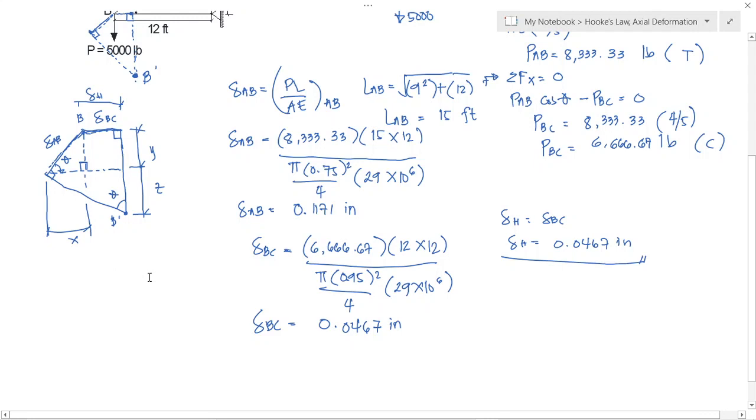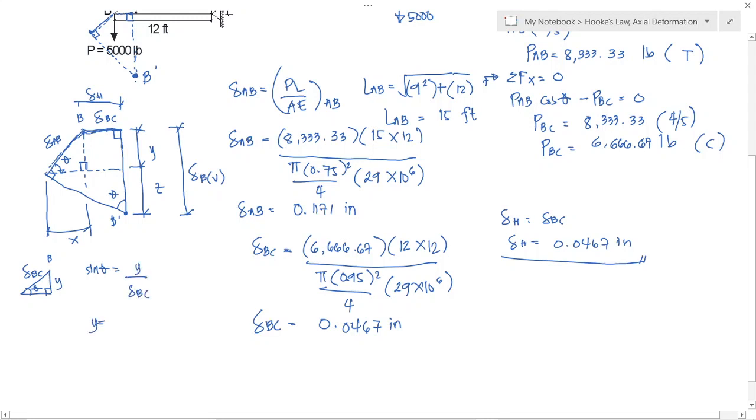Okay, so to determine the value of y and z, kasi this one is the total displacement of B, vertical, no? So vertical movement ng B from B to B prime. So solve for y, considering triangle, this one, point B, ito ay delta BC. So, ito ay right angle. This one is theta. So, makukuha natin ito ay y. So, sine of theta is equivalent to y over delta BC.